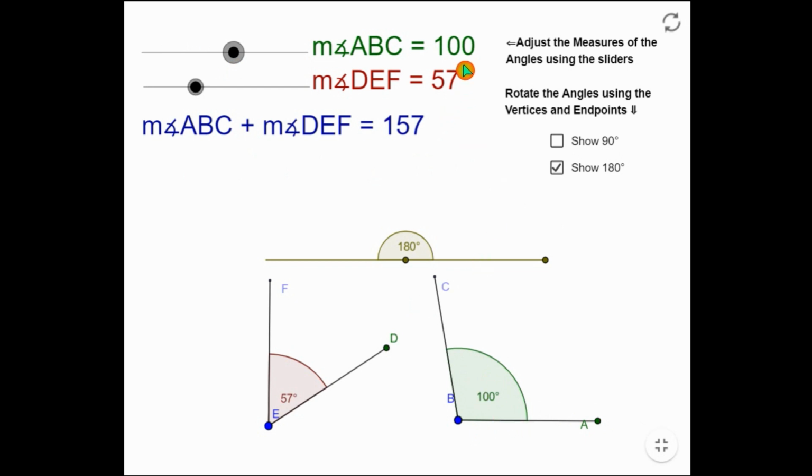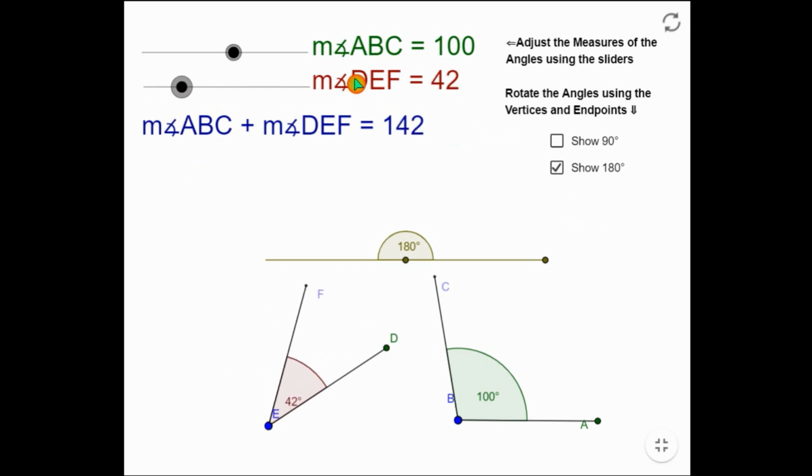What do you think should be the measure of angle DEF to make these two angles supplementary? Correct! That must be 80 degrees. So, let's try to move it. Bababa tayo kasi lagpas tayo. So, that is supposed to be 80 degrees.